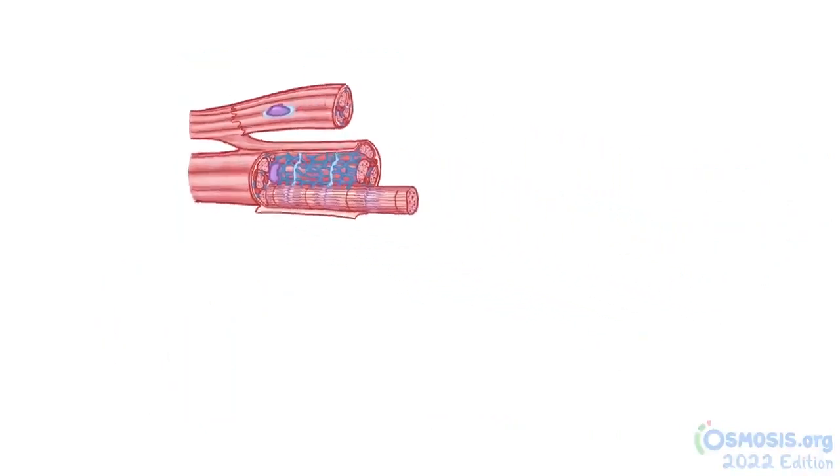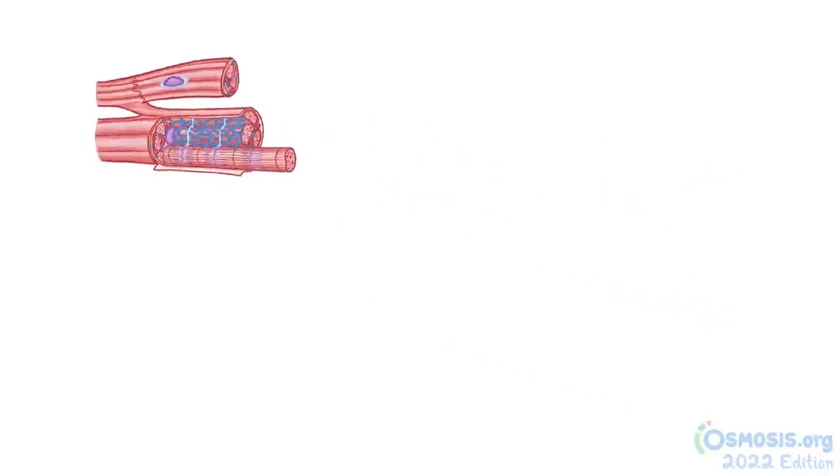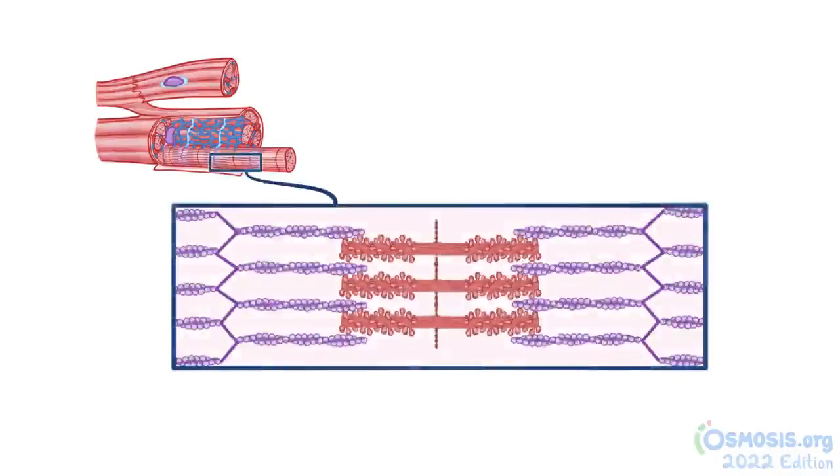The sarcomere is the smallest structure in the muscle that is capable of contracting, so it's considered the basic contractile unit of the muscle. Zooming in further, you can see that the sarcomere has 2 Z discs that form its boundary, and an M line in the middle.